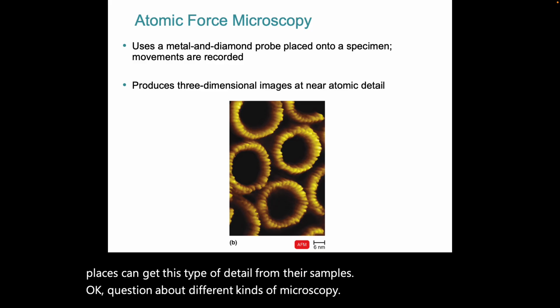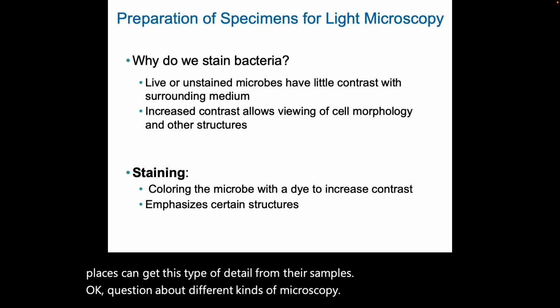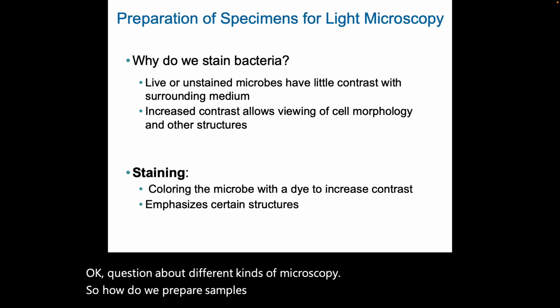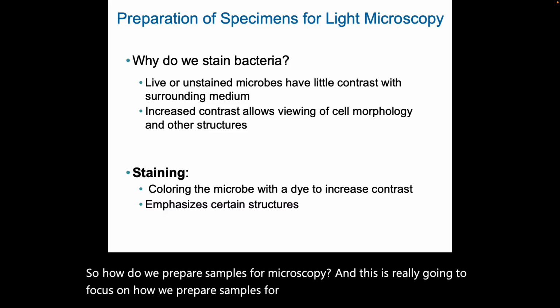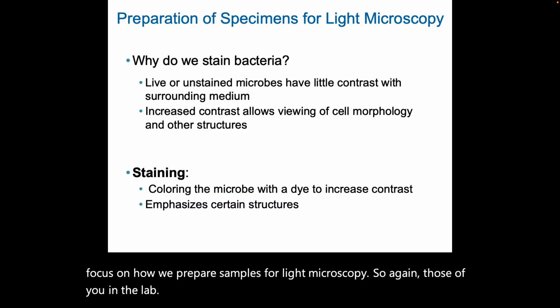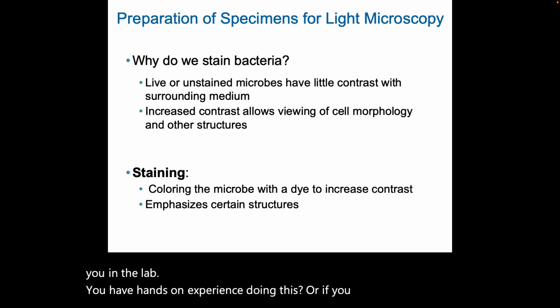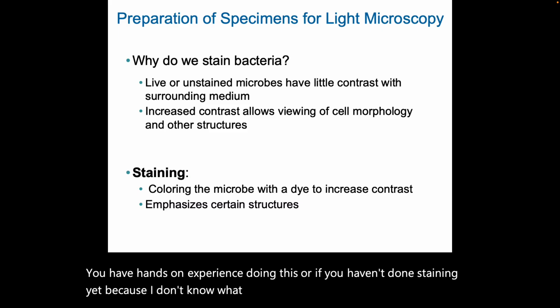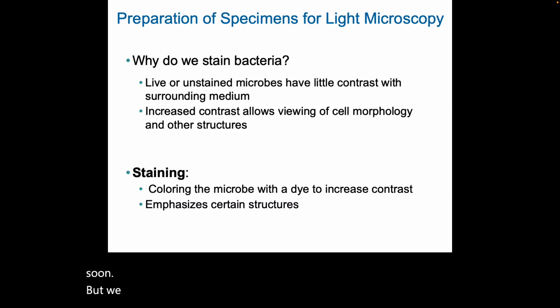Okay. So how do we prepare samples for microscopy? And this is really going to focus on how we prepare samples for light microscopy. So again, those of you in the lab, you have hands-on experience doing this. Or if you haven't done staining yet, because I don't know what your actual schedule is, you will very soon. But we do it because live, unstained microbes aren't really able to be visualized just under Brightfield microscopy.